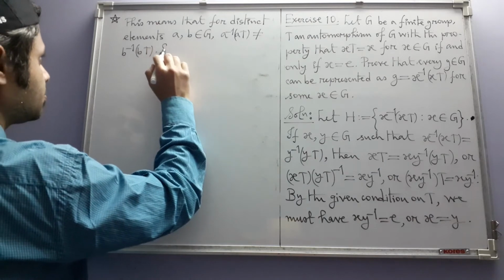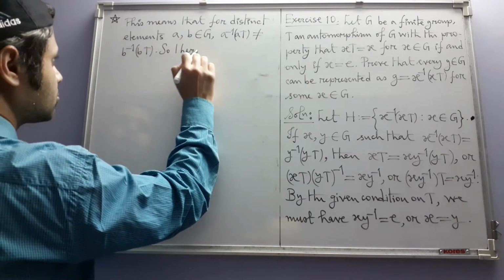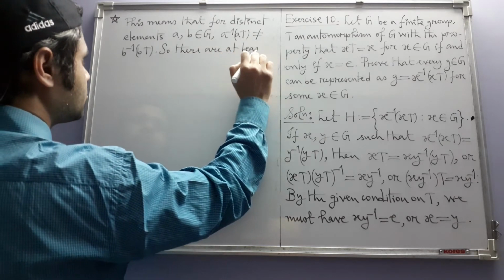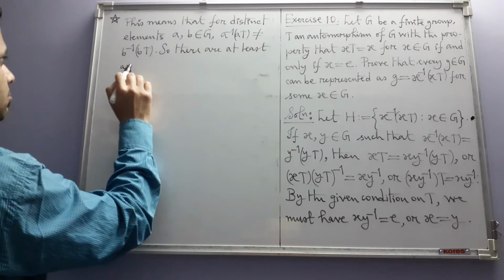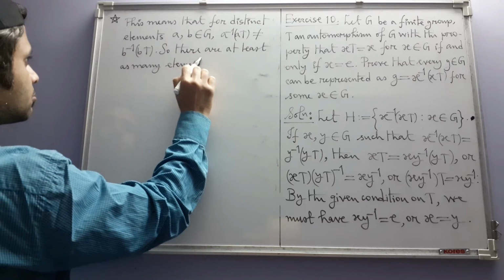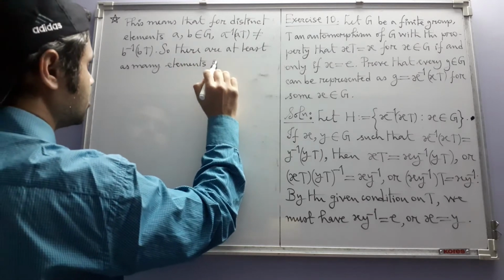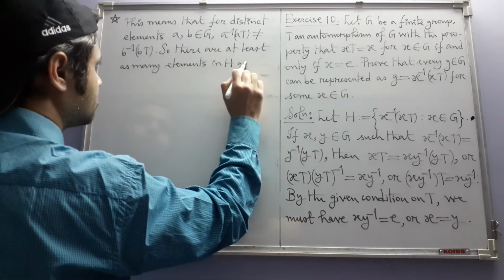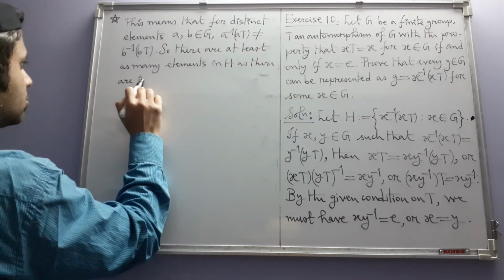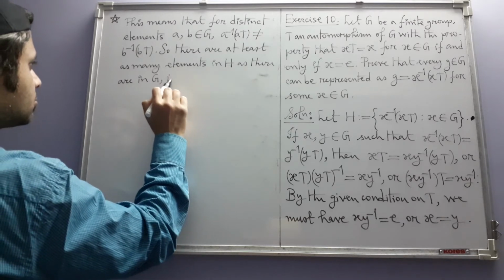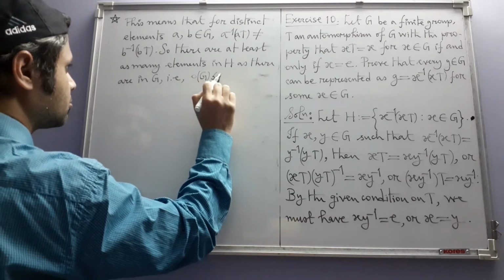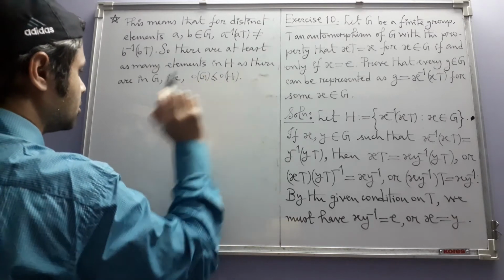So there are at least as many elements in H as there are in G. That is, this.